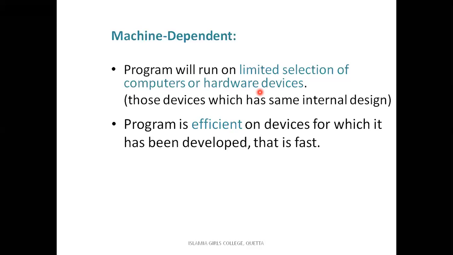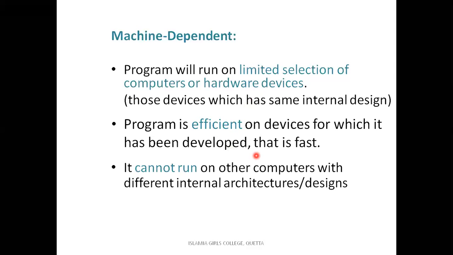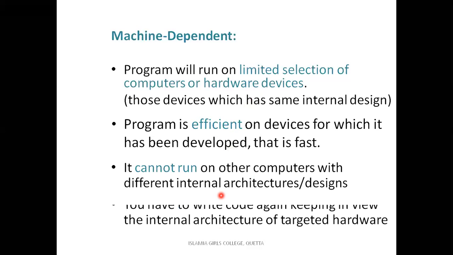The program is efficient on devices for which it has been developed. This means that it will run very fast on those devices, but it will not run on the computers with different internal architectures or designs. This is the drawback. So you will have to write the code again for the devices which have a different internal architecture.